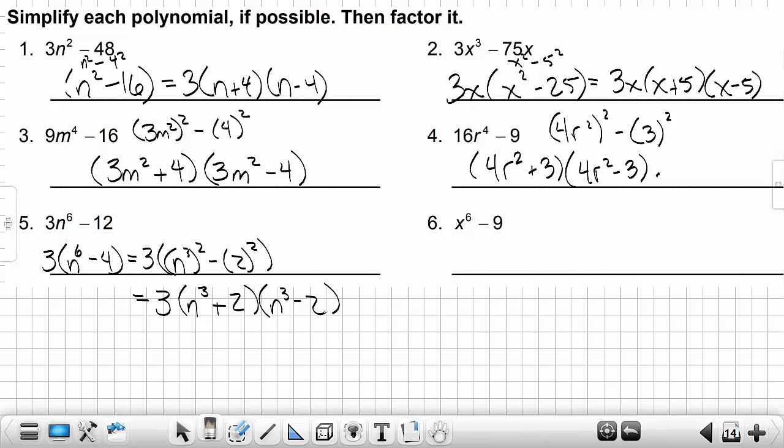All right, Kaylee. So this is what? Yes. Difference of 2 squares or 2 cubes? It is only difference of two squares because 9 is not a cube. So x to the 6th is what squared? x cubed squared. 9 is what squared? 3.